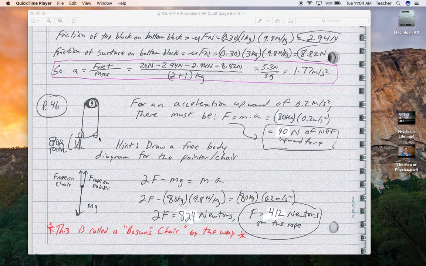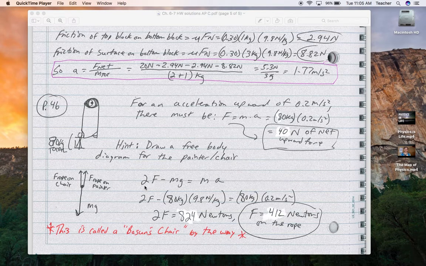So the rope is pulling on the person's hand here. The rope is also pulling on the chair here. So that means that the rope only has to be about half as much force as mg down. In fact, it would have to be exactly half as much if this person were at rest. But it said they're accelerating upwards at 0.2 meters per second squared. So we need 40 newtons of net force upward.